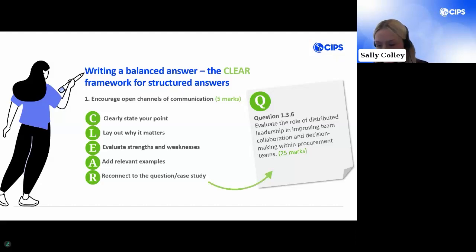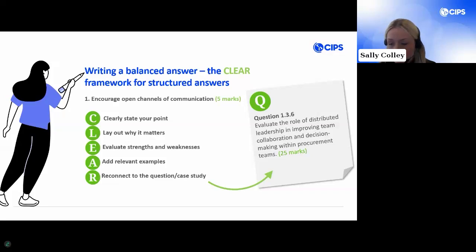Finally, tie your points back to the question. An example of this: it demonstrates how distributed leadership improves collaboration, ensuring all team members feel valued whilst enhancing decision making through diverse viewpoints. In procurement, this can lead to innovative strategies and stronger stakeholder relationships.